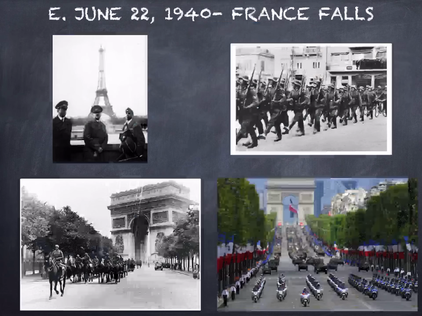Okay, now, by June 22nd of 1940, with the British forces shipped back to Britain during that miracle of Dunkirk, that left a freeway, just a highway, for the German army to ride right into downtown Paris. And on June 22nd, 1940, France is going to fall.